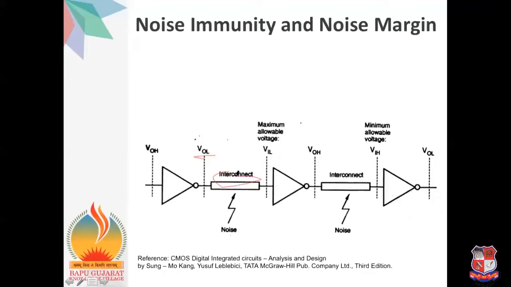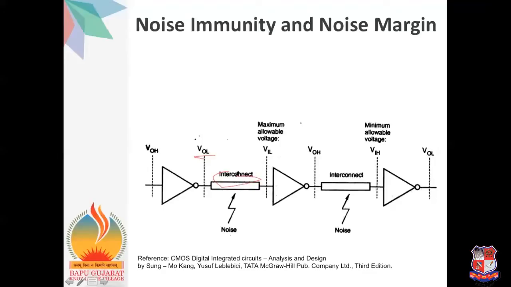Since on-chip interconnects are generally prone to signal noise, the output signal of the first inverter will be perturbed during transmission. Consequently, the voltage level at the input of the second inverter will be either larger or smaller than VOL. If the input voltage of the second inverter is smaller than VIL, this signal will be interpreted correctly as a logic 0 input by the second inverter.